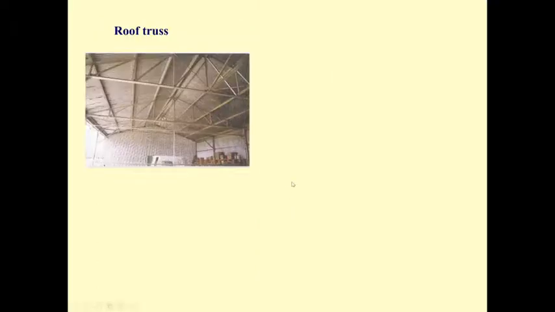Okay, the roof truss. This is the picture of the roof truss, very similar to the one we have in the F4 or F5 building in the center of scientific equipment. And you can also see the truss here is the Pratt truss.